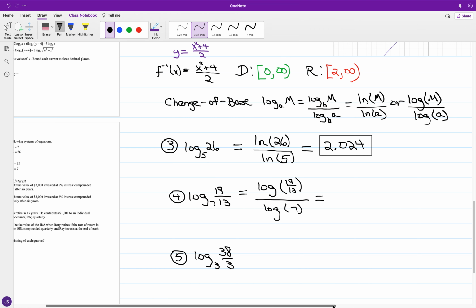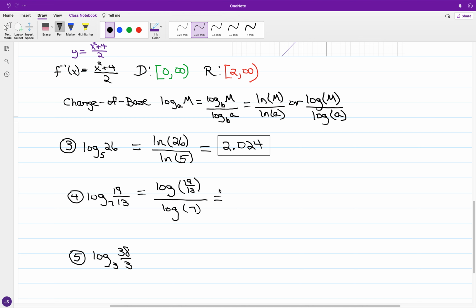In terms of how this might appear, you can program the log into your calculator: the base 10 logarithm of 19 over 13, close out, and then another forward slash to signal division by the base 10 logarithm of 7. To the nearest 3 decimal places, that's just a little bit under 2 tenths, right at 0.195.